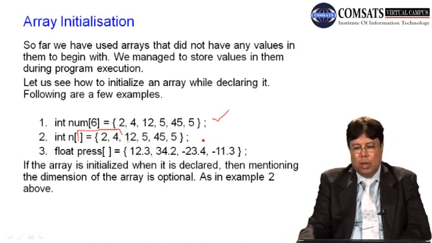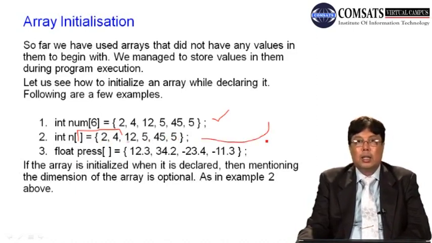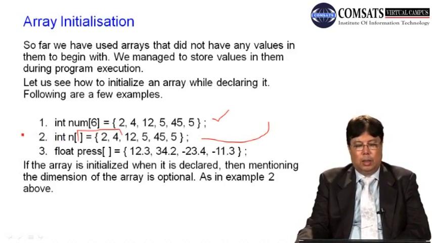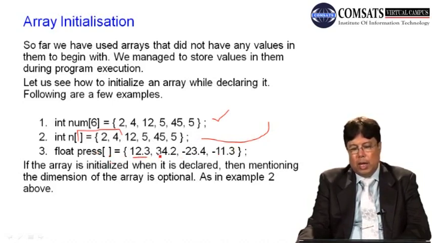What will the system do? It is a special concept. The system will determine the size by itself. Here, float with 1, 2, 3, 4 values, again no size. The system calculates how many elements you have provided, and the size is computed automatically.